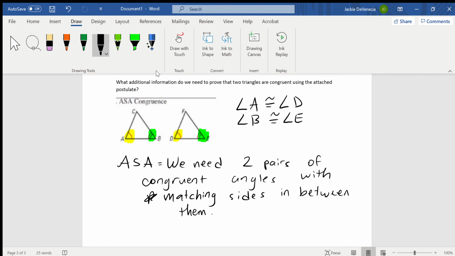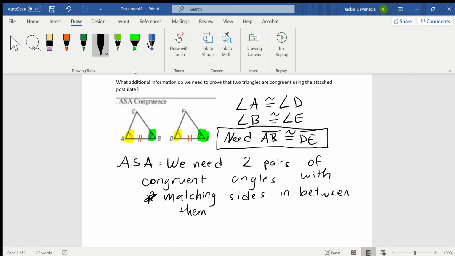So for us to use angle side angle, we just need to prove that AB is congruent with DE. If we have those, we can use angle side angle. So we need side AB to be congruent with side DE. So that's what we need for that one.